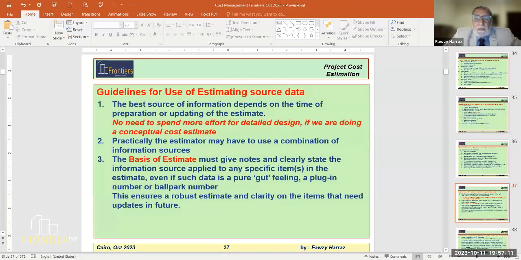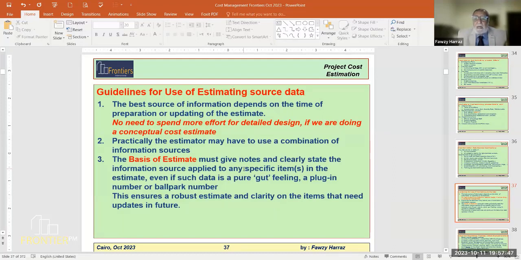Guidelines for use of estimating source data. The best source of information depends on the time of preparation or updating of the estimate. Let's say there is no need to spend more effort on detailed design if we are doing a conceptual cost estimate. If you don't want high accuracy, fine; if you want high accuracy, you definitely will ask for detailed bills of quantities and look for specifications.